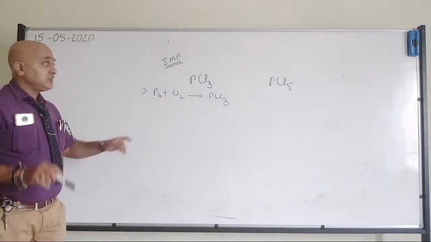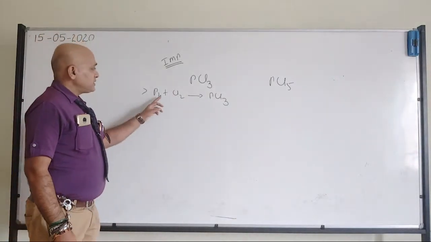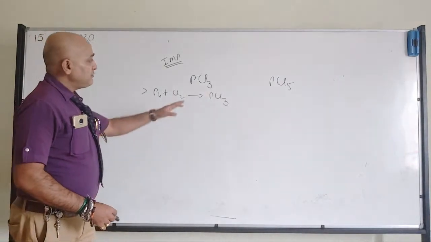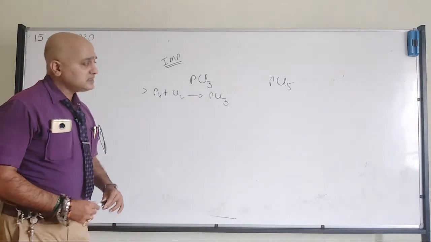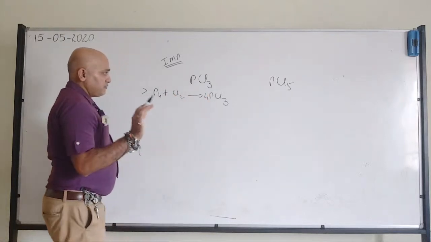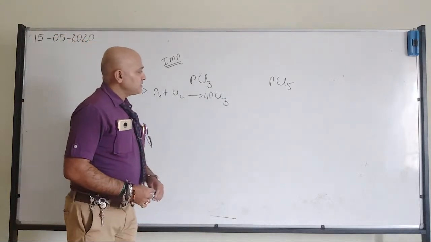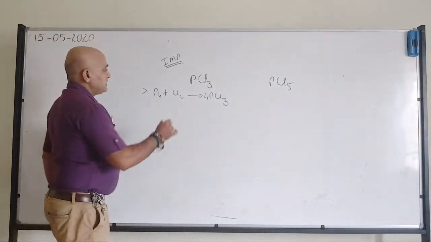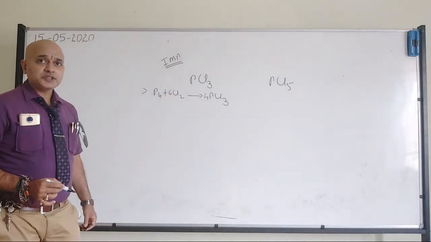Is it balanced? No. White phosphorus is P4, so I will make it 4 for the time being. In that case, here I am going to get 3 times 4, that is 12 chlorine. So I should make it 6. So this is the reaction.